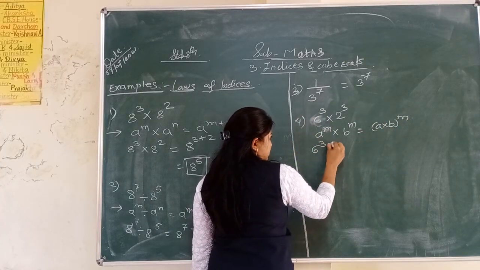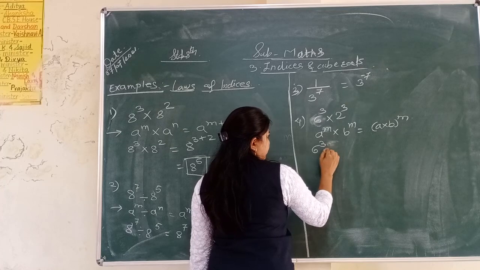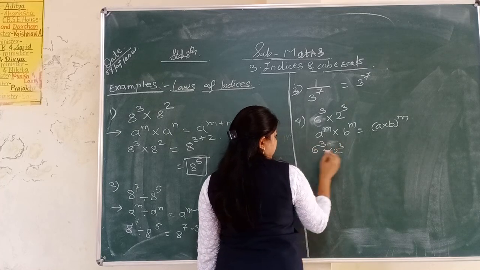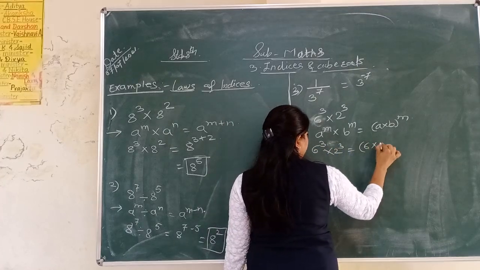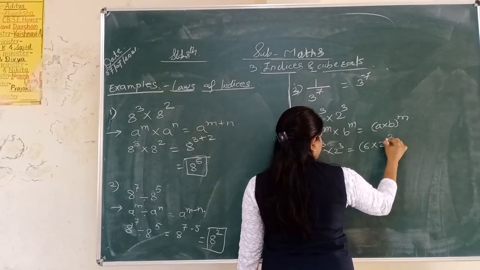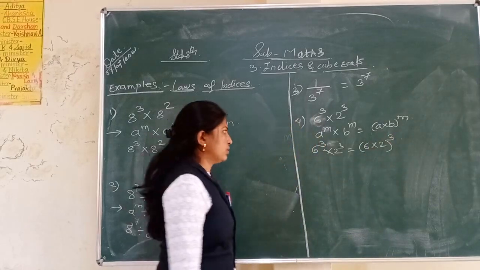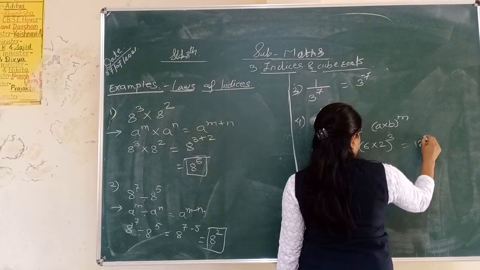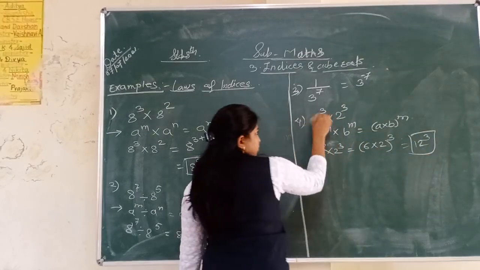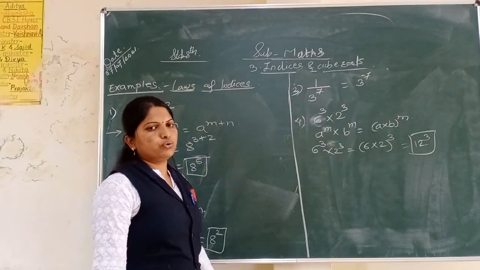So 6 cube into 2 cube equals 6 into 2 raised to 3, means 12 raised to 3. Similar to this. Understood?